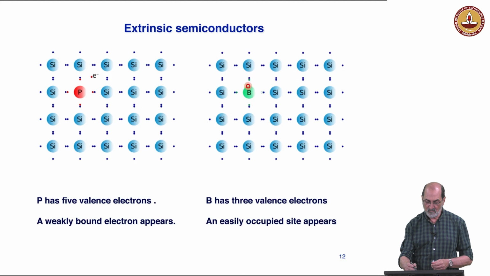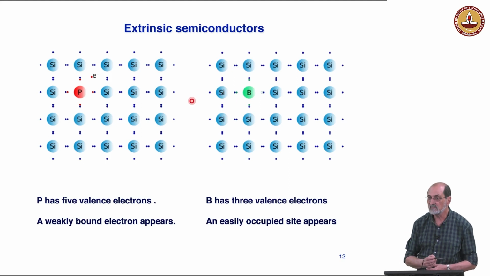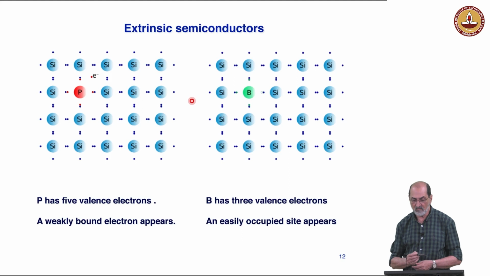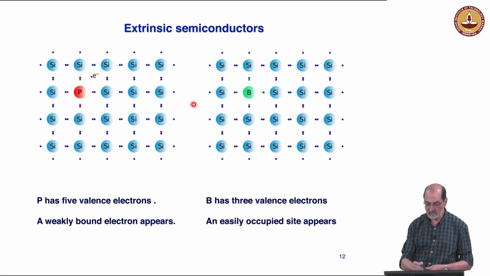So the boron also is a substitution. It's called a substitutional impurity in the structure, because it substitutes an original silicon, which should be there if the crystal were perfect. Okay, that boron has 3 valence electrons. You can satisfy three bonds, and the 4th bond, we don't have electrons.